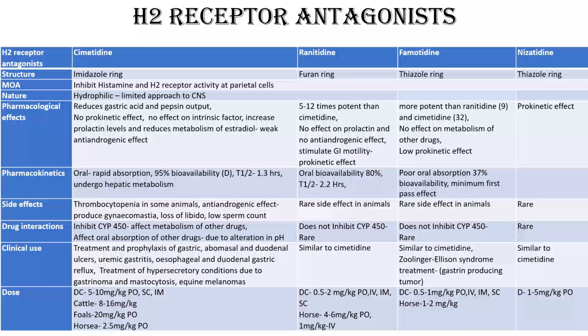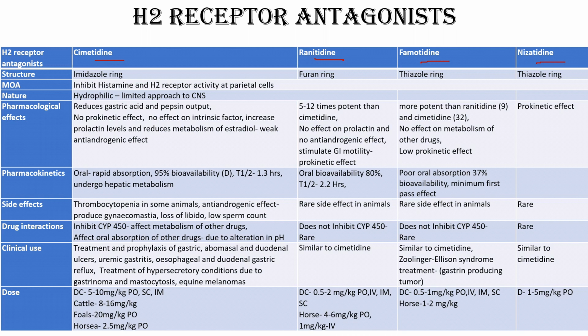So how to identify or remember these H2 receptor antagonists? If we see the spelling of these agents, cimetidine, ranitidine, nizatidine and famotidine, there is one thing common, that is tidine. So wherever you see tidine, they are H2 receptor antagonists.